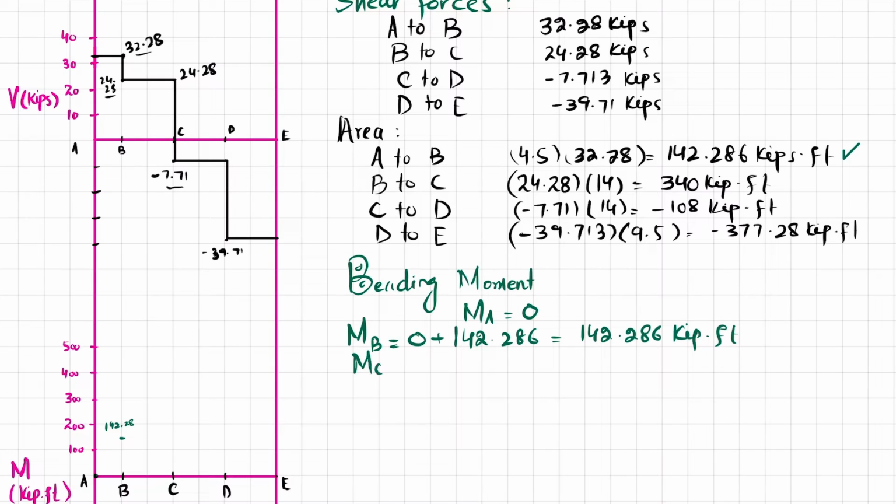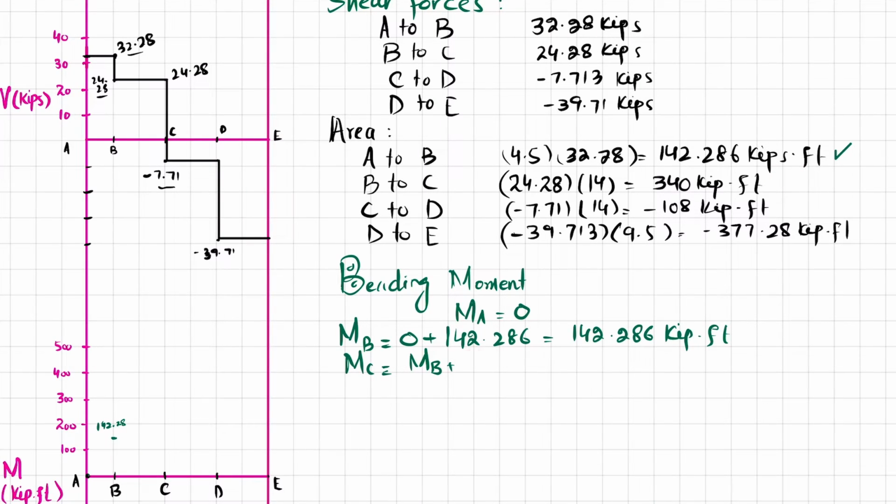Okay. Now moment about point C is equal to moment about point B plus the area under BC. So this is the area and the value is this one. It will be 340.